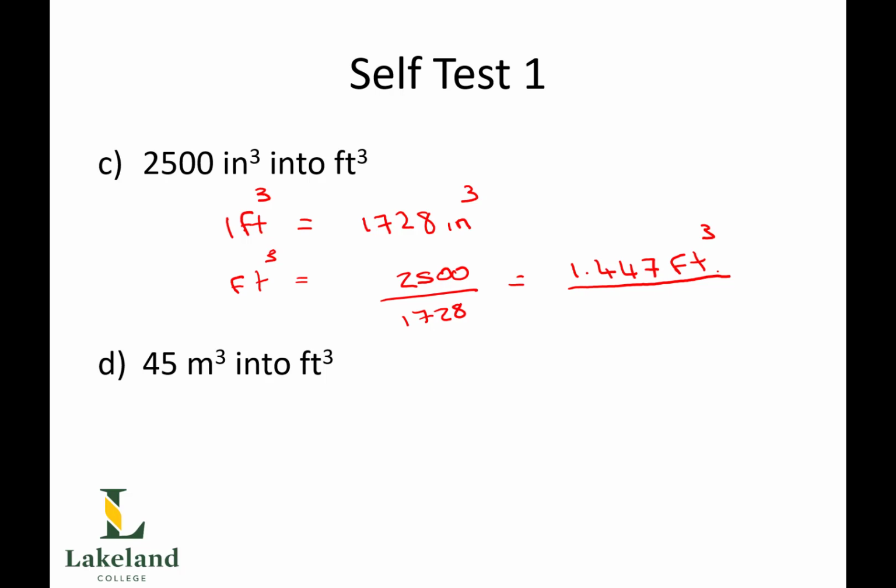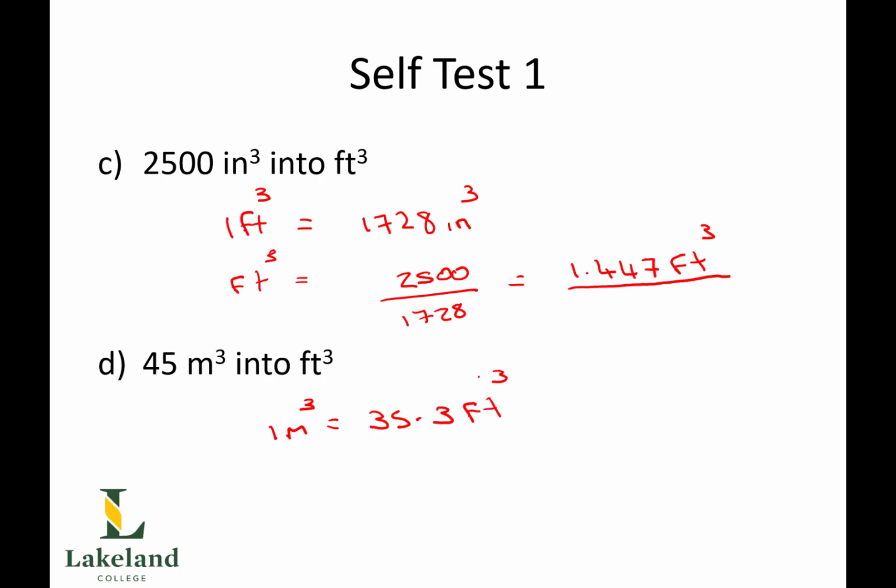Okay, let's look at the last one here for part D, 45 meters cubed into cubic feet. So once again, in the academic supplement, we need to find the conversion factor. So in the middle, towards the bottom of that first section, we should be able to find that 1 meter cubed is equal to 35.3 cubic feet.